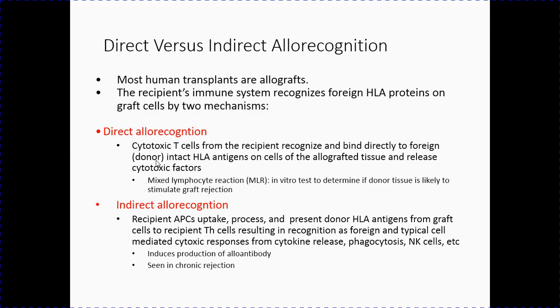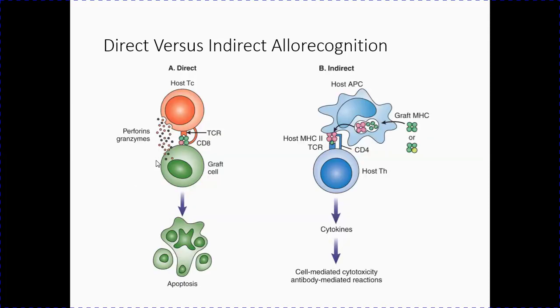The recipient's immune system recognizes the foreign HLA proteins on the graft cells by one of two mechanisms. These are the two mechanisms. They're going to look super familiar to you because we've seen these repeatedly. These are two of the mechanisms of the adaptive immune system.